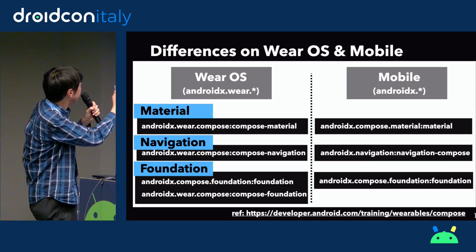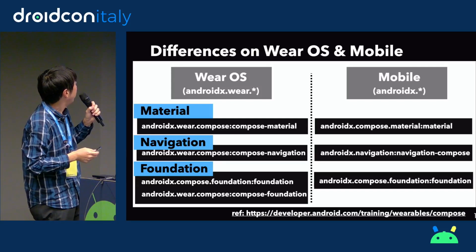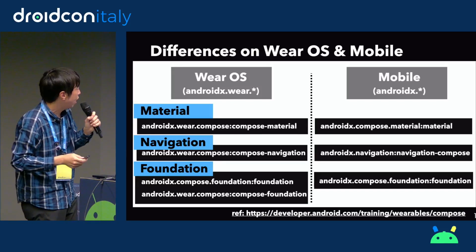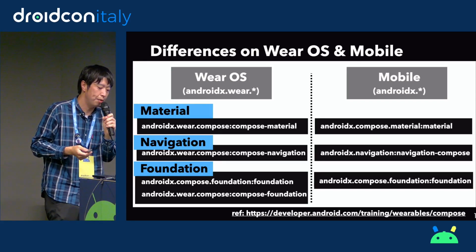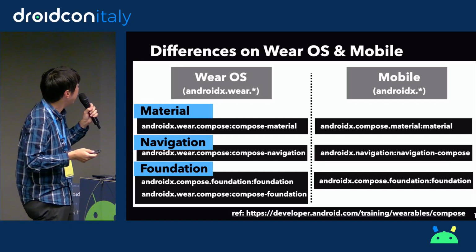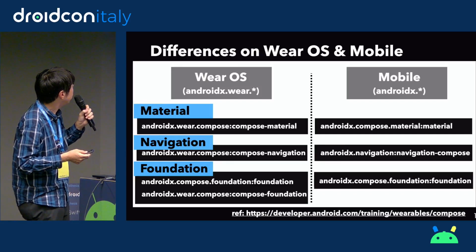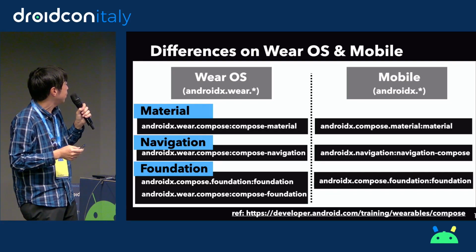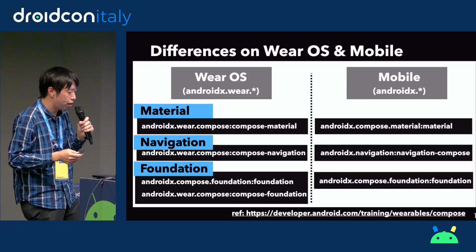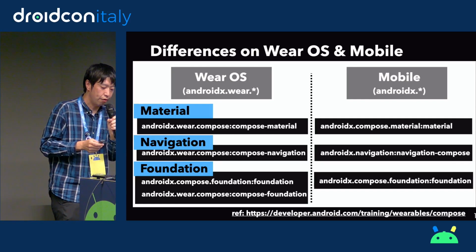It's a slightly different package. And in the same way, for navigation in Wear OS apps, we should use the navigation Wear OS library. And foundation is the same, but for a Wear OS device, I can use some extra libraries as foundation classes.